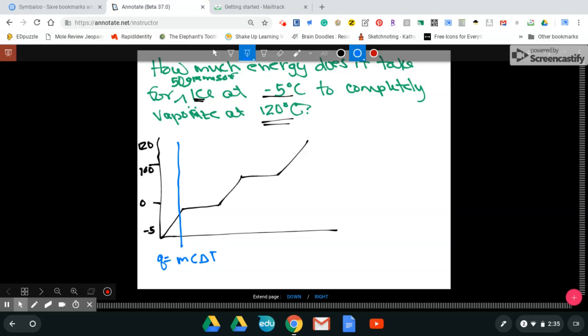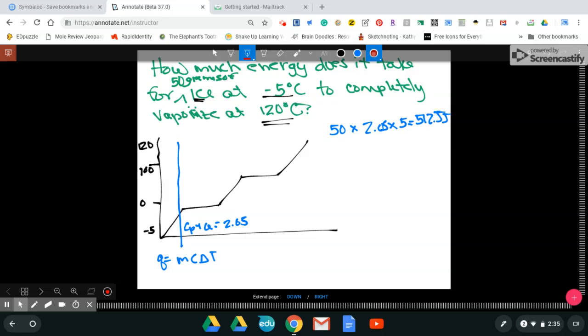So I'm going to say my Q, I've got my mass of 50 times the specific heat of ice. So the specific heat of ice is 2.05, and then I've gone up 5 degrees. All right, so that gives me a total amount of energy of 512.5 joules.